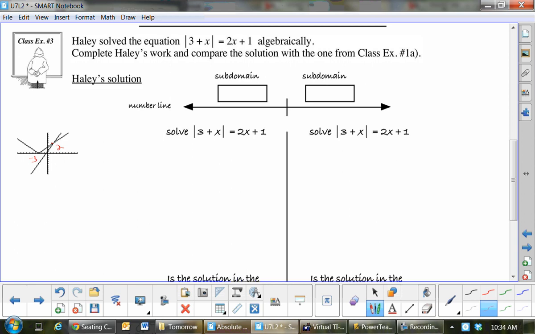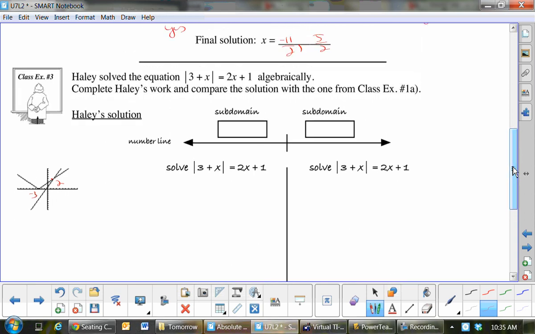Negative 3. No, it's not just the vertex. It's the vertex touching the x-axis. Okay? Now, so that's not asked anywhere. Read it. It does not say graph this and then.